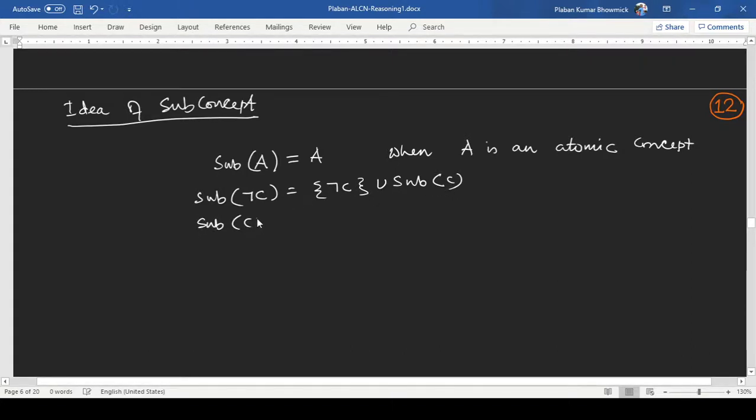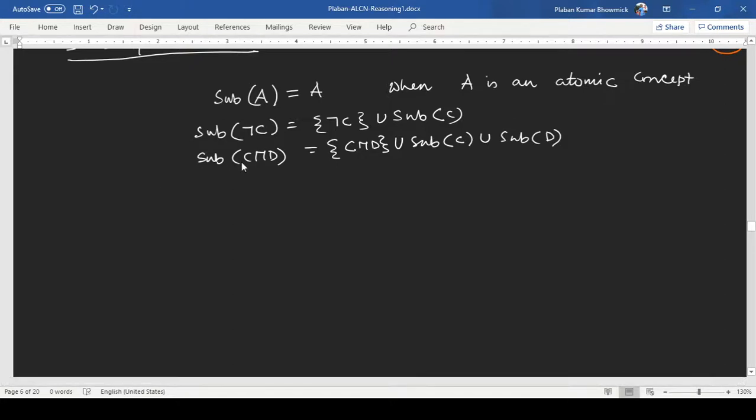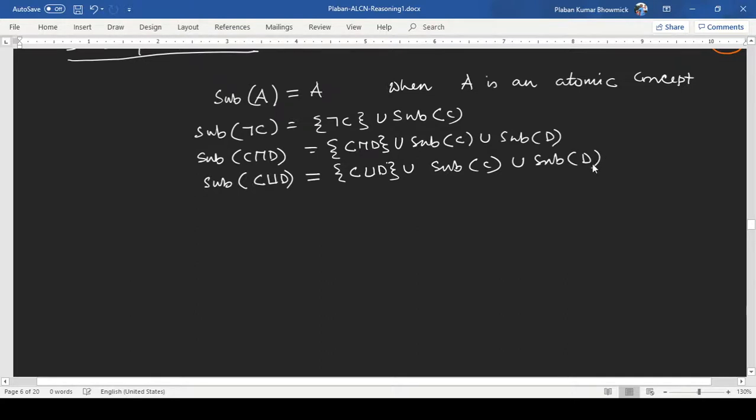Now sub of C intersection D will have C intersection D union sub of C and union sub of D. The sub of C or D is equal to C or D, the expression itself, union sub of C union sub of D, right?